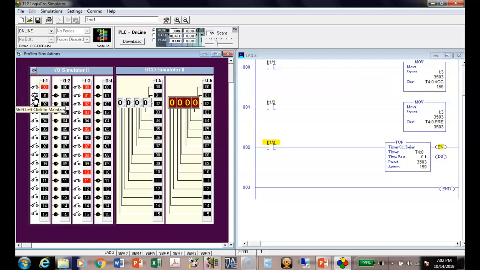Of course, it's going to time out. But what did it do? So here I moved that number into the accumulator. So what we're saying is that with that move instruction, I can use these presets and these accumulators, and I can literally put any number I want in there, right? You understand what we're saying? Which is pretty neat. This is pretty neat though, because I can actually change these over here.